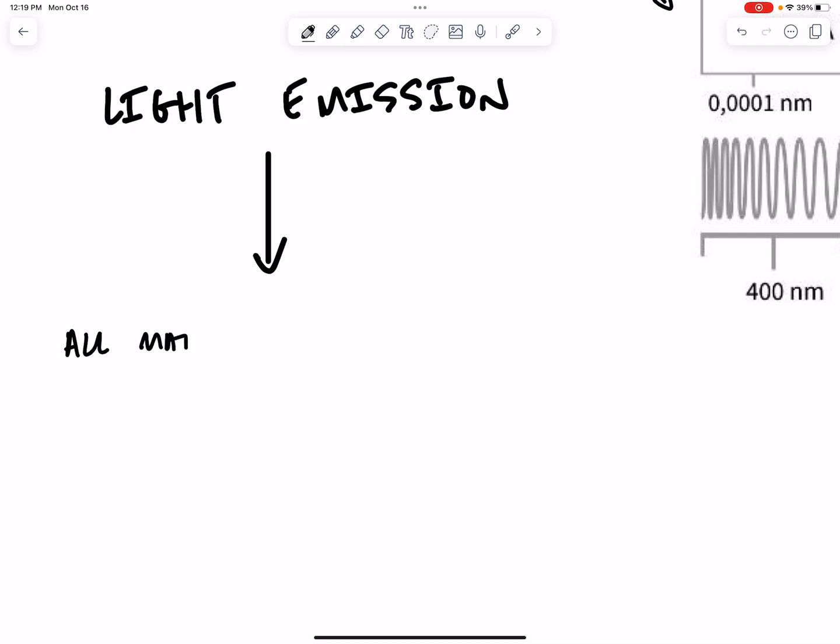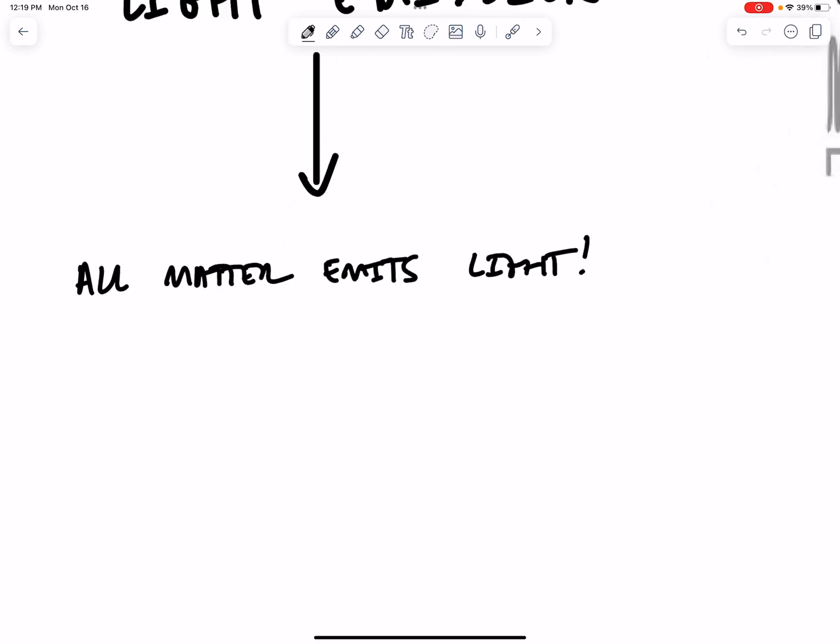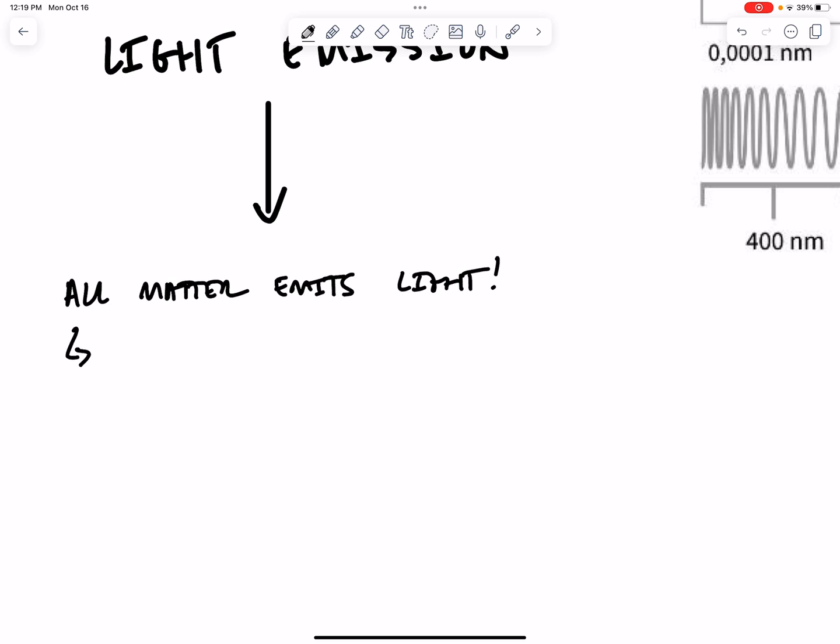All matter emits light. But the wavelength of peak emission of light, all right, I'm just going to write this all down.